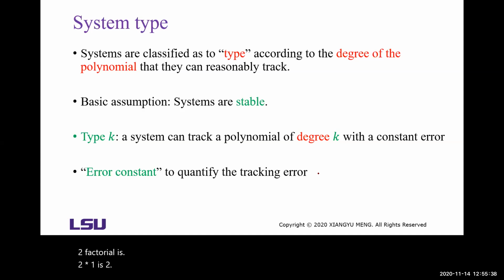Then we can classify the control systems. We call it system type, according to the degree of polynomial they can reasonably track.